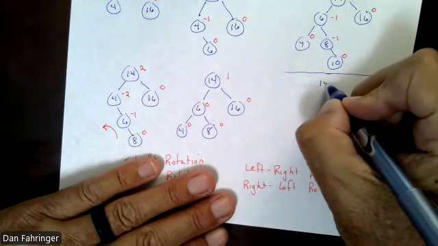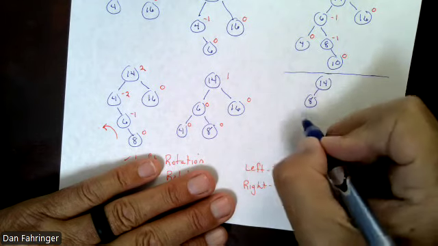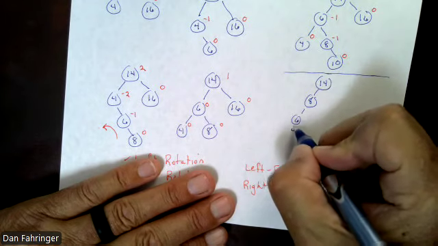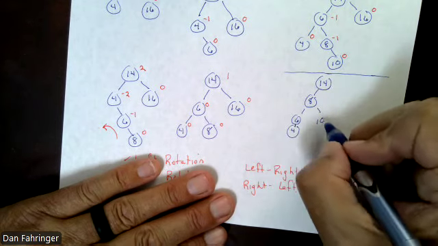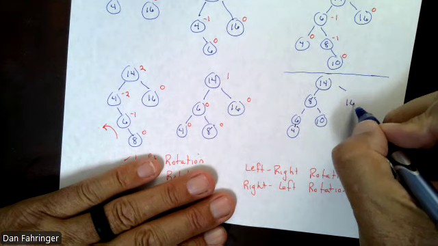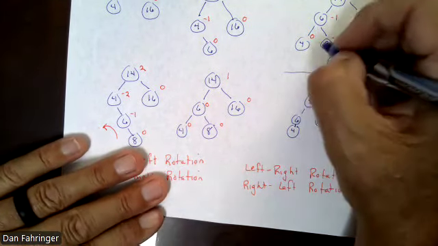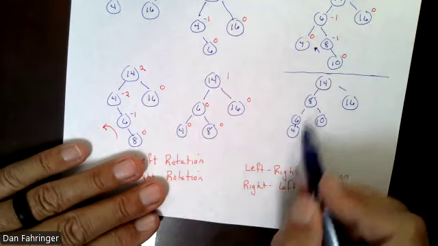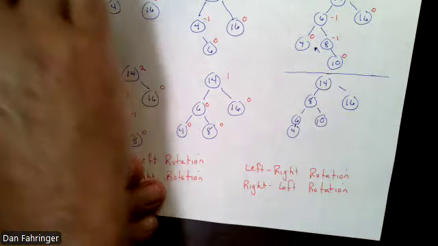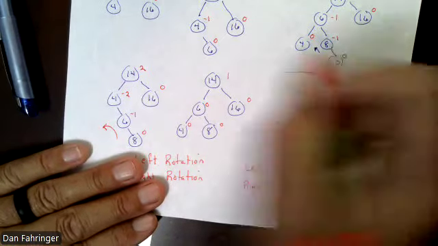So I should have something that looks like 14, 8, 6, 4, and the 10 sitting, oh, there's not much room. The 10 sitting here and the 16's here. So step one was a left rotation. Still unbalanced. It's still unbalanced.